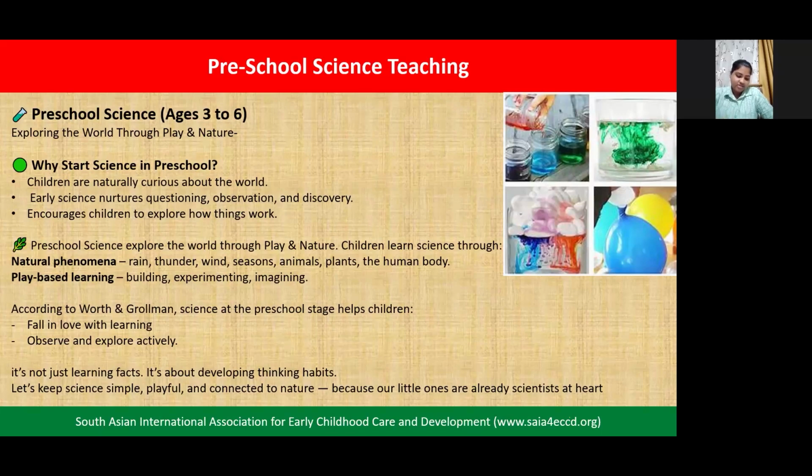Children learn science through natural phenomena: rain, thunder, wind, seasons, animals, plants, and the human body. Play-based learning means building, experimenting, and imagining. According to the curriculum, science at the preschool stage helps children fall in love with learning, and to observe and explore actively.